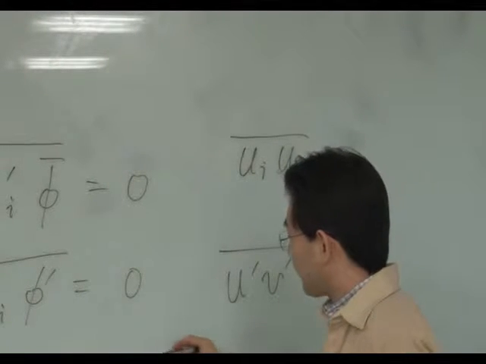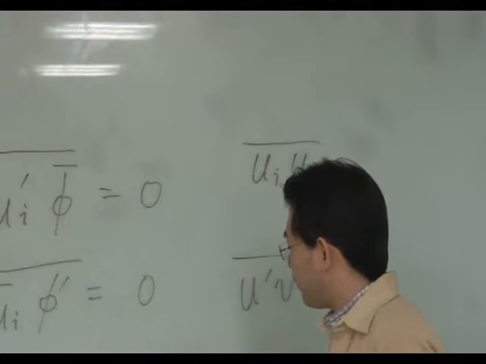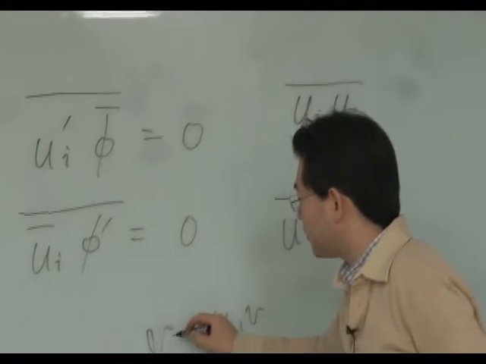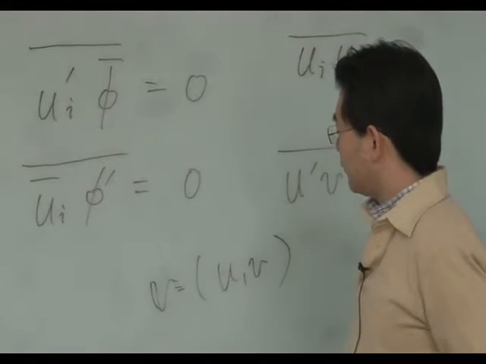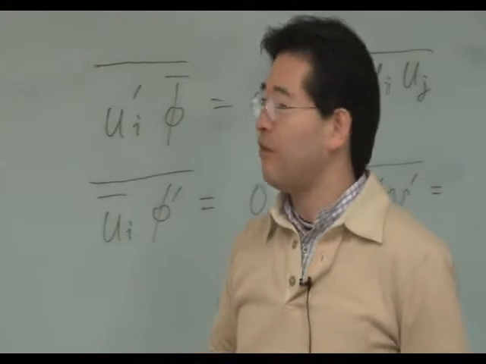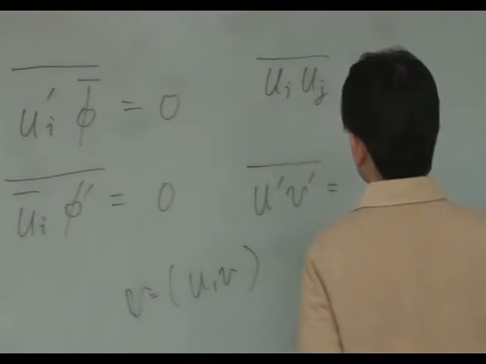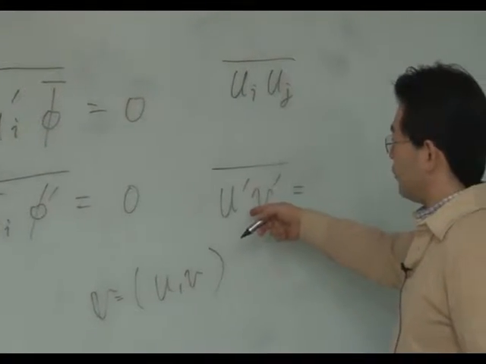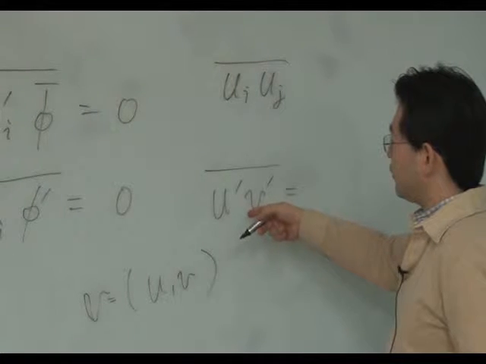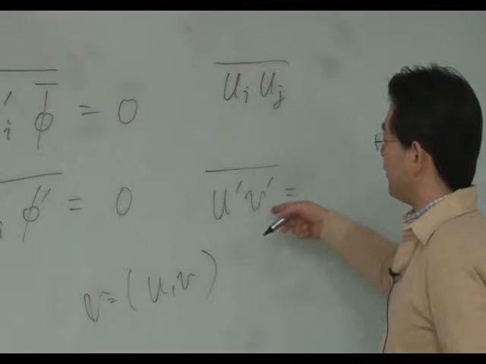If you assume velocity is composed of u and v components, it has fluctuating components u prime and v prime.